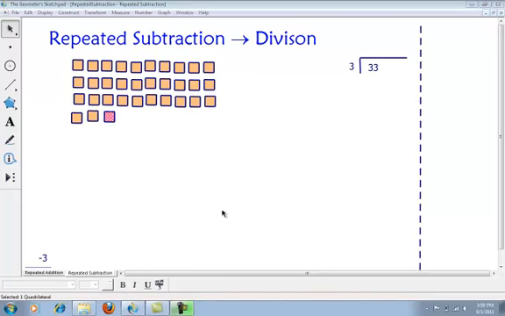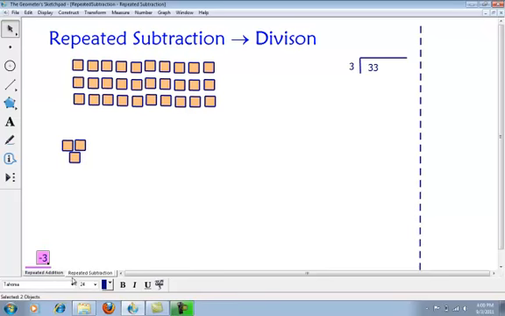The first thing I need to do is look at the problem that I'm going to solve. And I have 33 divided by 3. That means I'm going to take 33 objects, and my squares are shown here. I've got 10, 20, 33, and I need to put 3 in each group. So I'm going to start by taking 3 away from the total that I have, and making one group of 3.